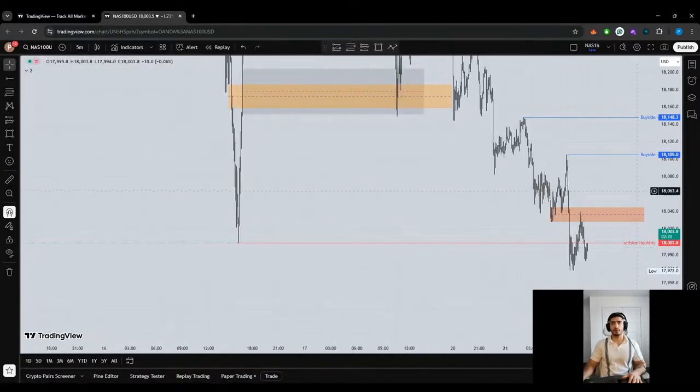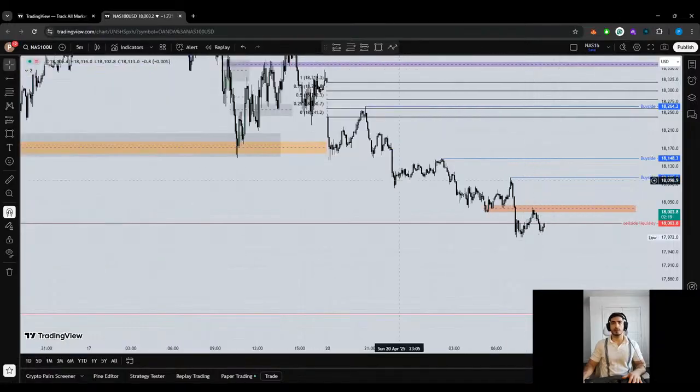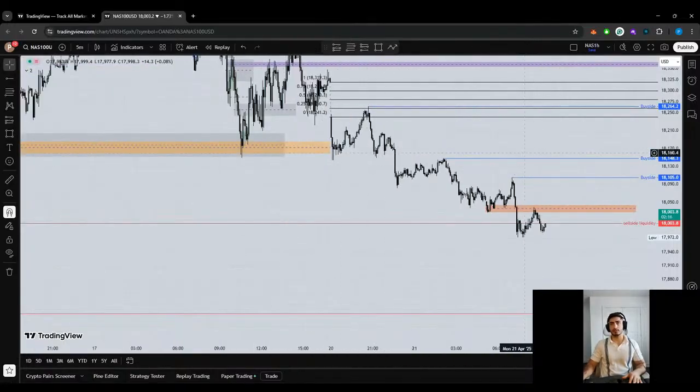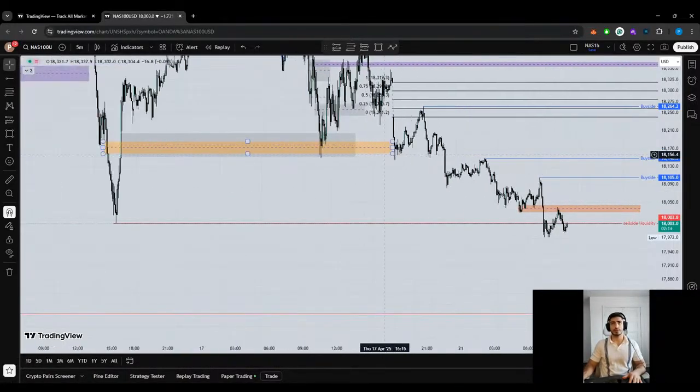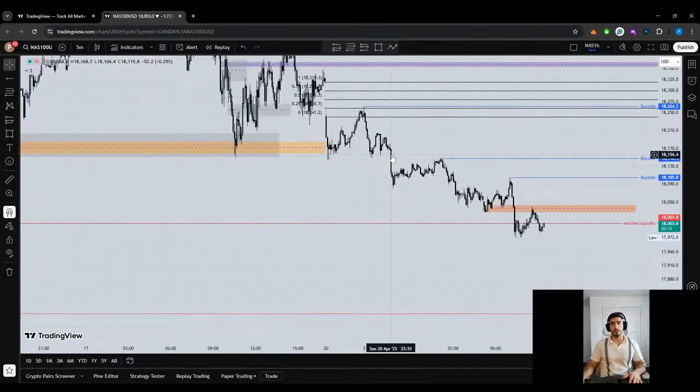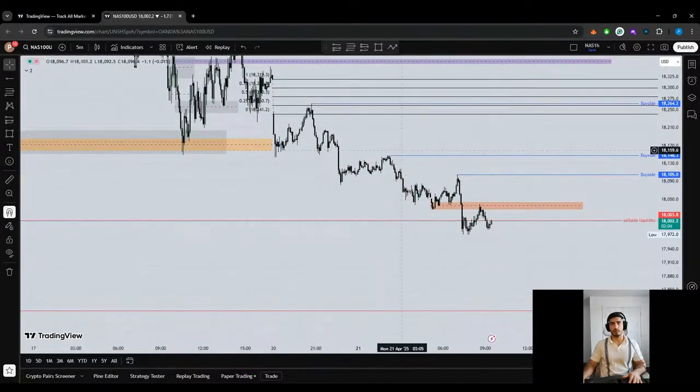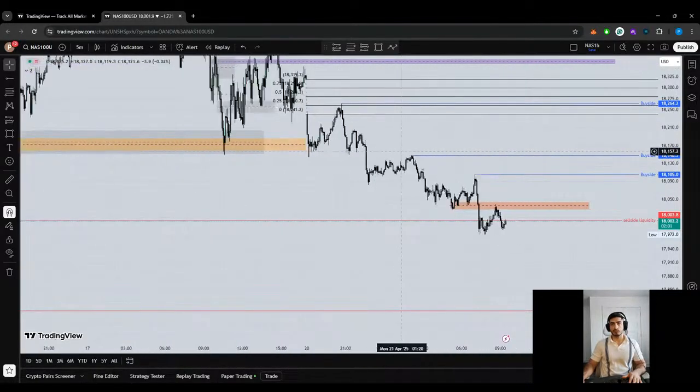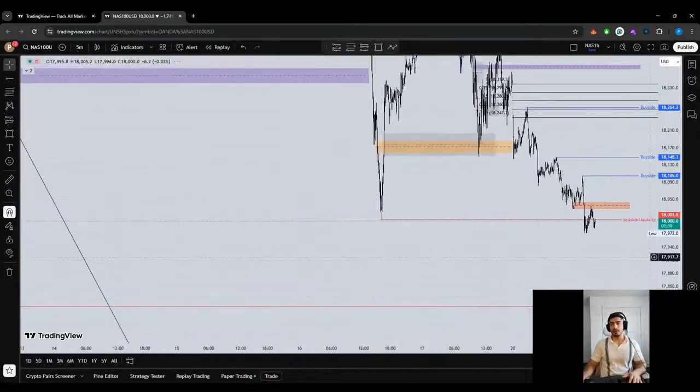So market is overall bearish right now. Sentiment also is bearish right now. Price action is bearish. We might have a push into these highs, right? To take the liquidity and maybe continue lower from there, or just continue straight down at the open.